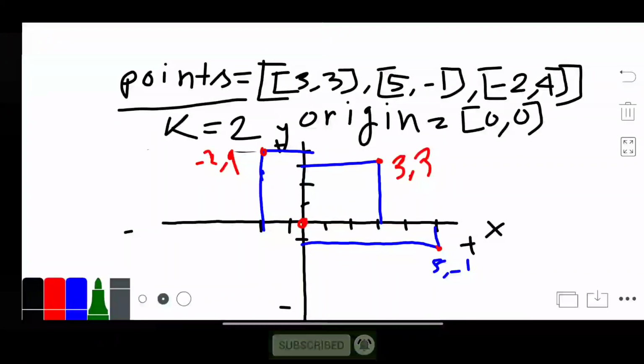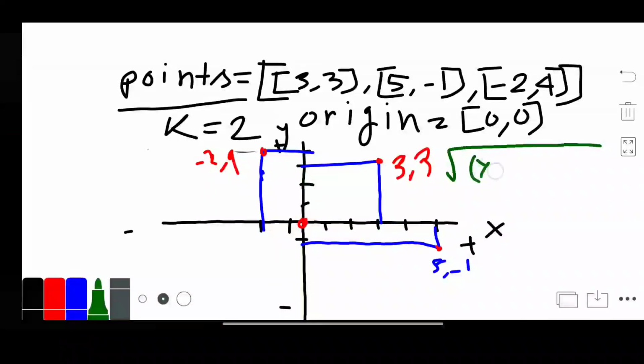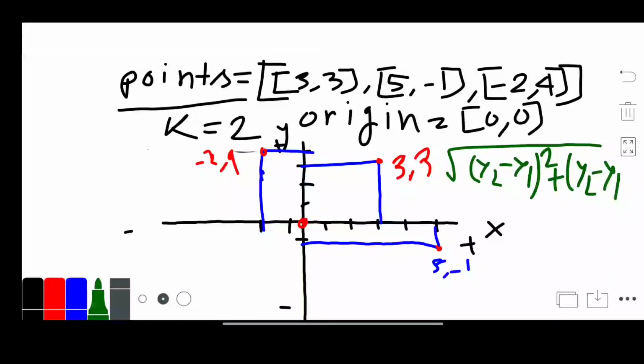Simply we will apply the coordinate geometry formula for the distance between two points. The formula is square root of (x2 minus x1) to the power 2 plus (y2 minus y1) to the power 2.